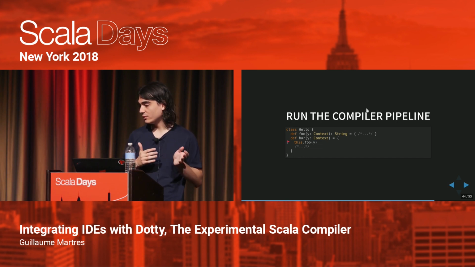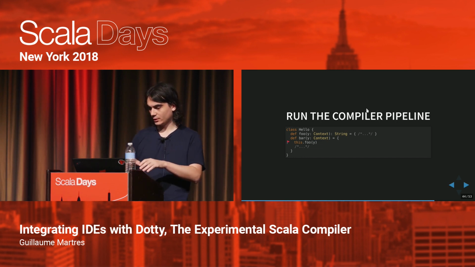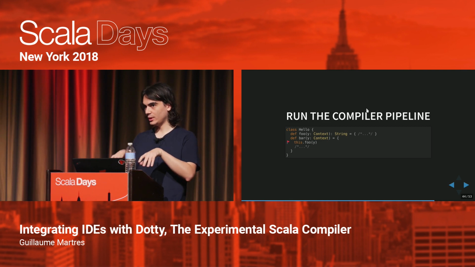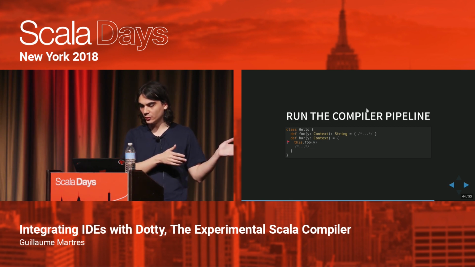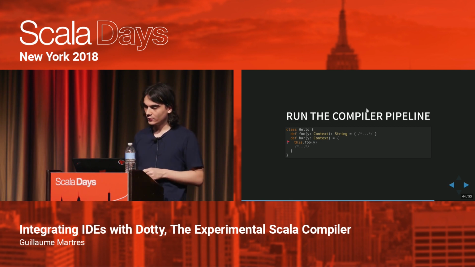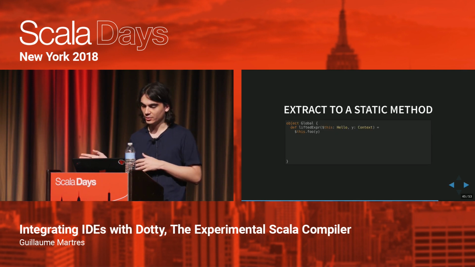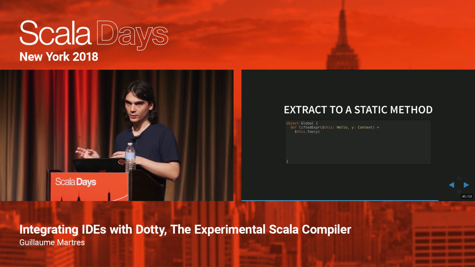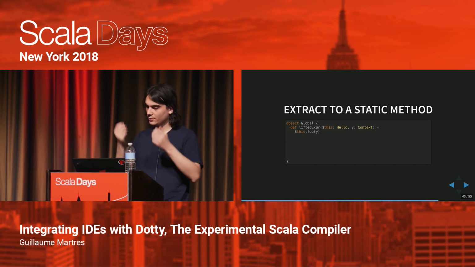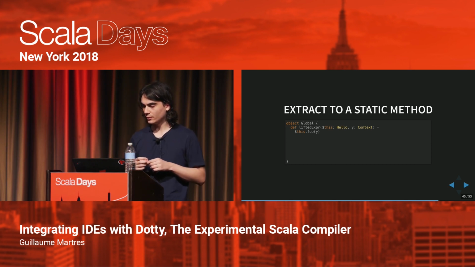We still don't know how to send that to the JVM, because this is some code somewhere deep in a method, and the JVM doesn't know about the methods we just compiled. So we need to extract this to a static method. We can do this using a special compiler phase just for the debugger. So we're going to lift our expression to a static method that takes as parameters all the things it references.